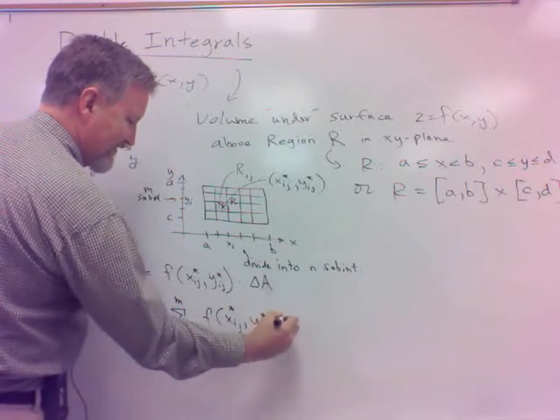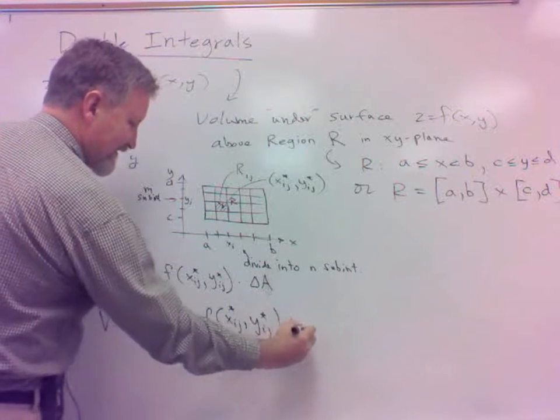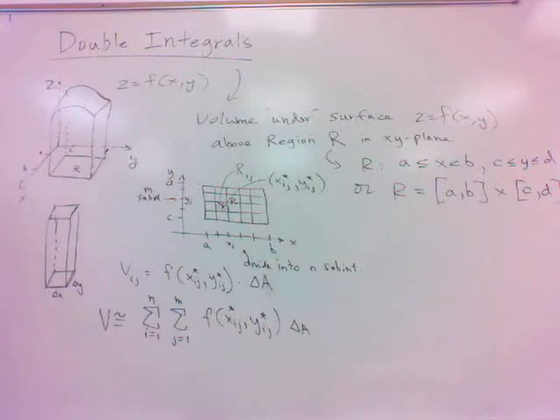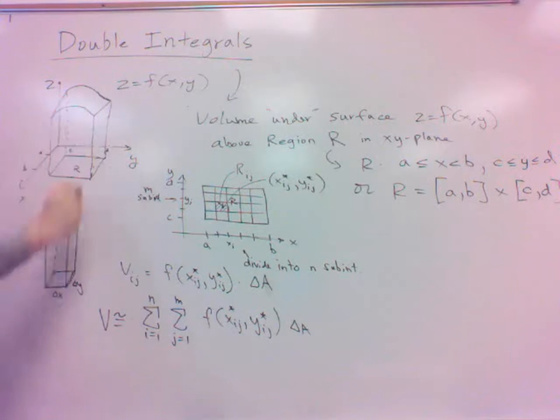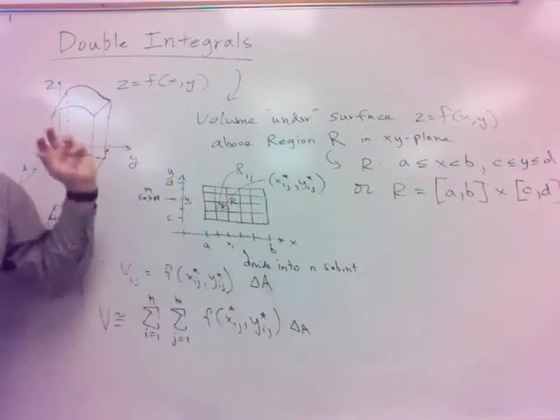Okay, so that gives us the approximate value. Because, like I said, each one of these would be squared off at the top, so it's not going to match the exact curvature here. All right, but if I do 15 rectangles, that's pretty good. If I do 25 rectangles, that's better.